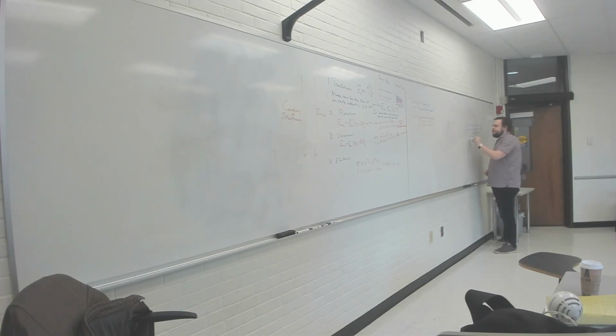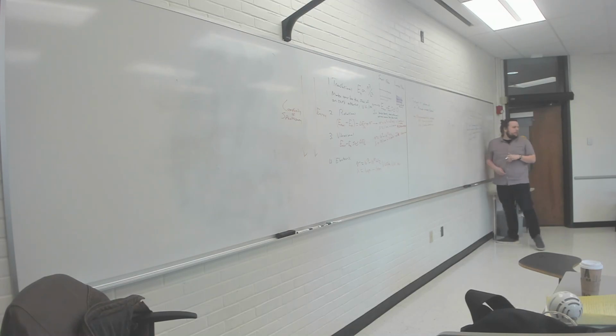H bar has units of angular momentum, by the way. So what he says is that instead of the angular momentum taking any value you want, it can only be at h bar, 2h bar, 3h bar, and so on.